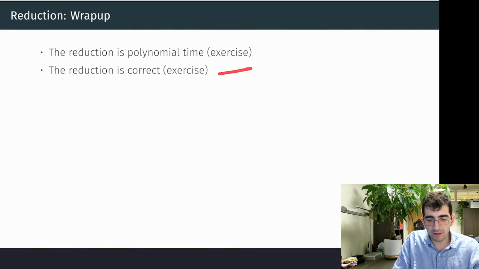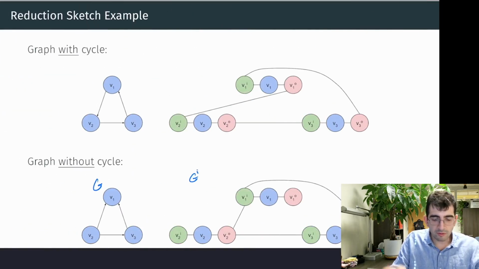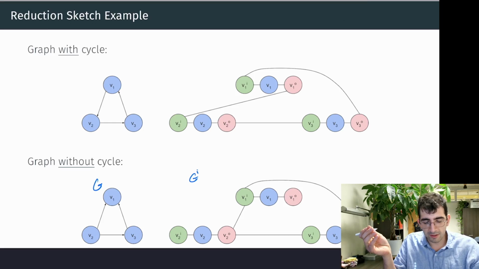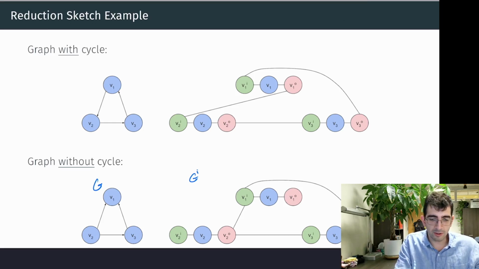And the reduction is correct simply because you could do multiple proofs. You could do a proof by contradiction, but you could do a direct proof, which shows that if we do not have a cycle, then that means that we have edges that go into the same node.